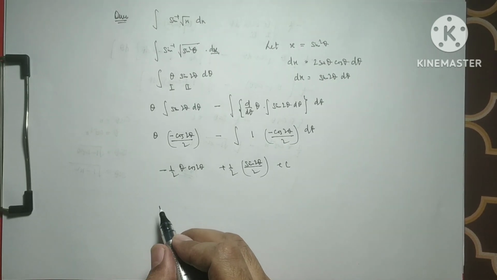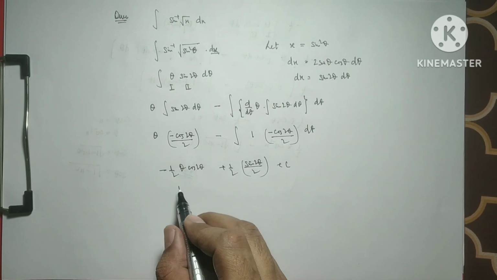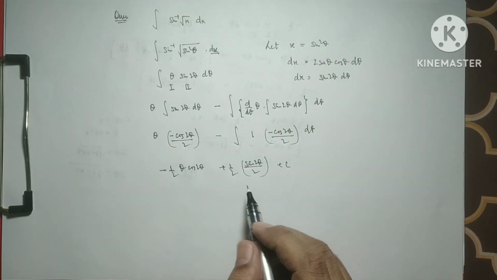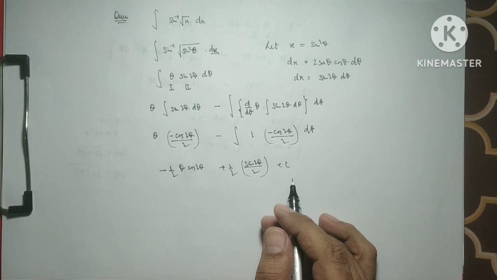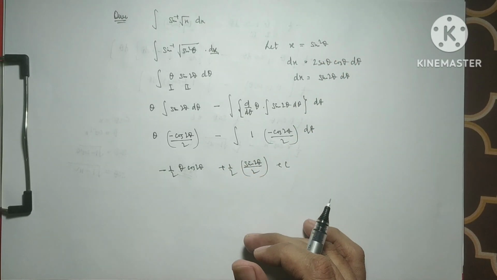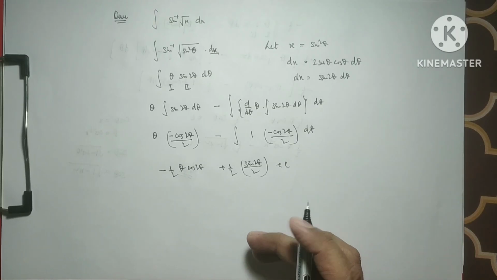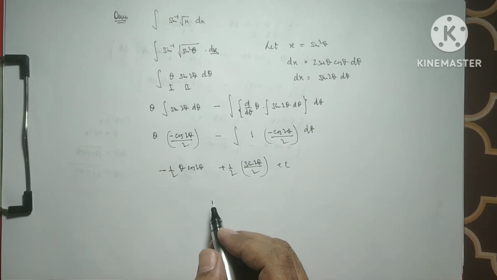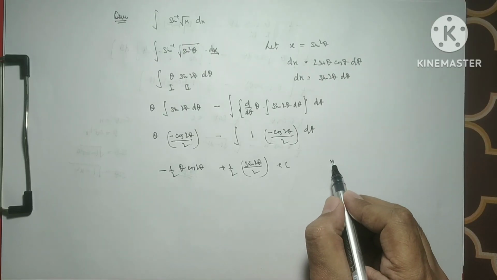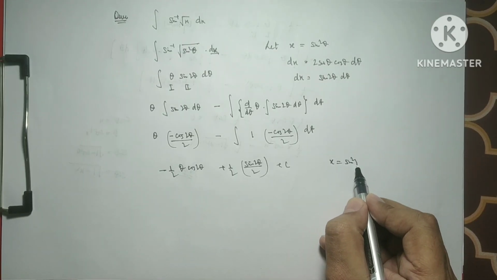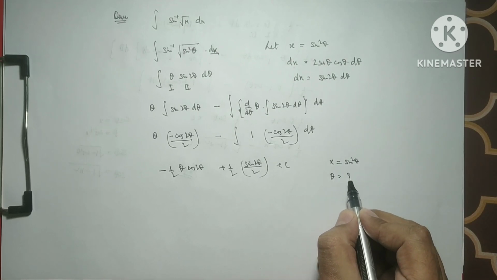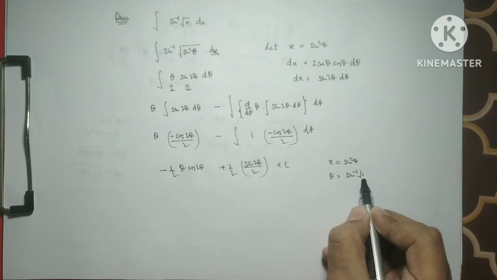So this is the answer in terms of theta, but the question is in terms of x, so the answer should also be in terms of x. So we will substitute these values here and we collect the answer. So right now we substitute this and we have x as sin square theta. So theta will be sin inverse root x.